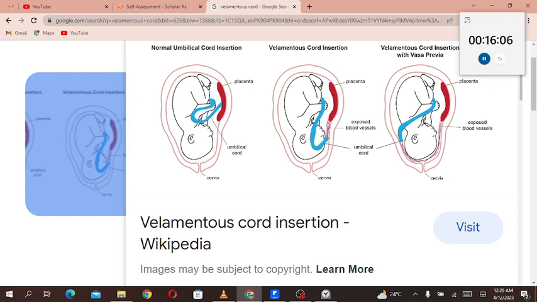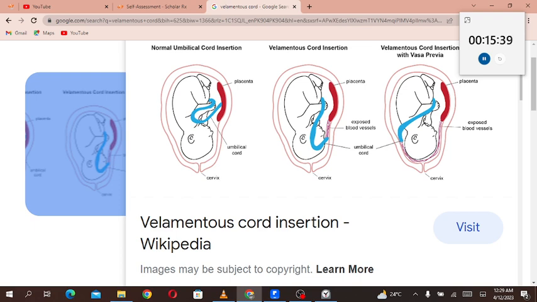If there is velamentous cord insertion, the umbilical cord is attached to the chorioamniotic membrane, and from there the blood vessels go to the placenta. Those are exposed blood vessels, because the Wharton jelly inside the umbilical cord protects the blood vessels from any shear stress. But in the chorioamniotic membrane the Wharton jelly is not present, so those blood vessels are exposed to tethering or tractional forces.